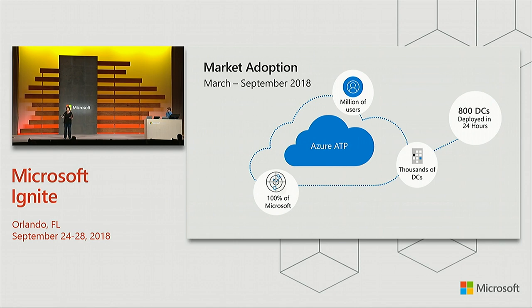So it's deployed on thousands of domain controllers. And we have it, of course, deployed protecting Microsoft's assets as well. We've deployed it internally because we have the same potential attackers as every other organization, and we want to use these tools to make sure we're finding what's going on in the environment.